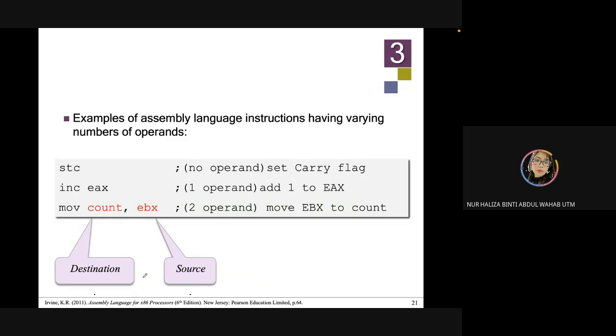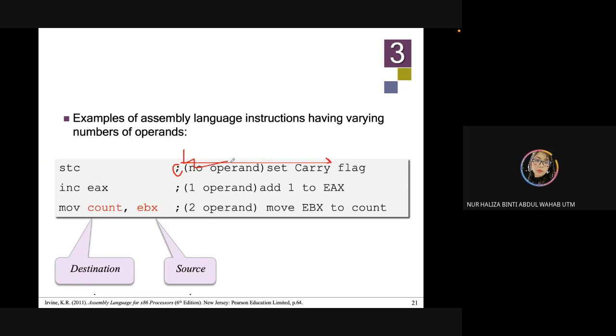So this is an example. You can see here an example of your single commands. You only have STC. STC means set carry flag. So you just have this. And this one is your comment.